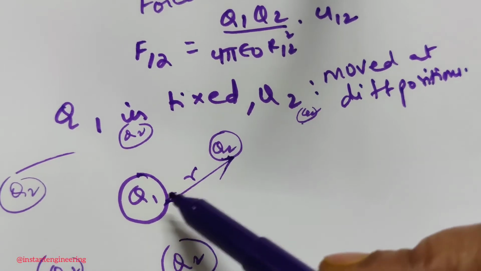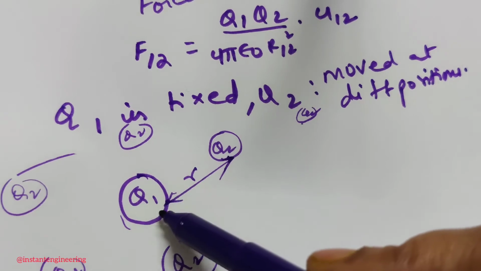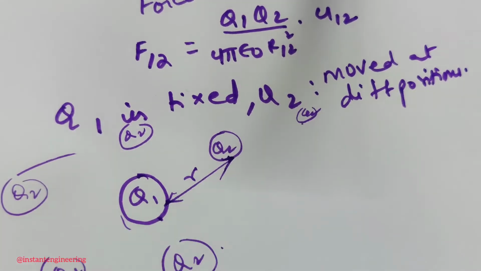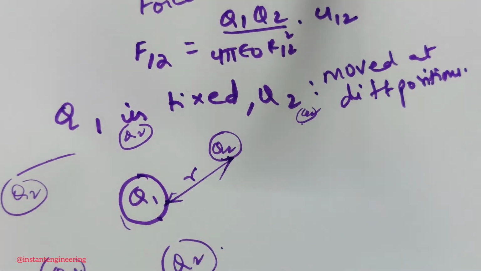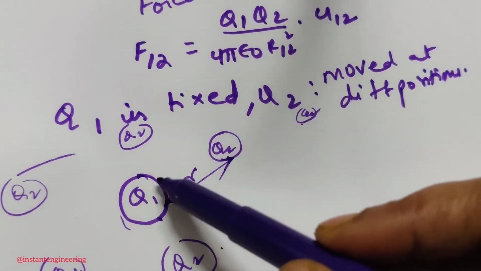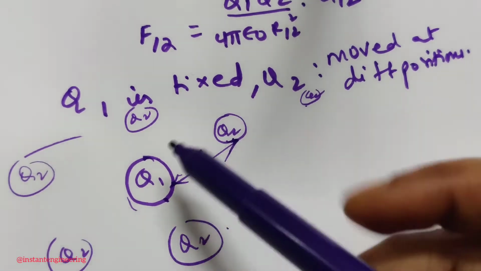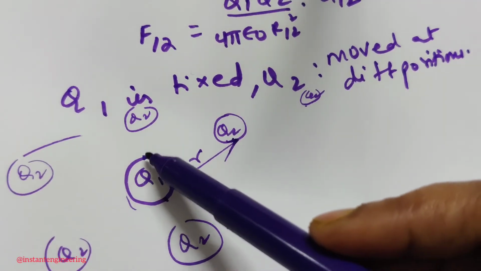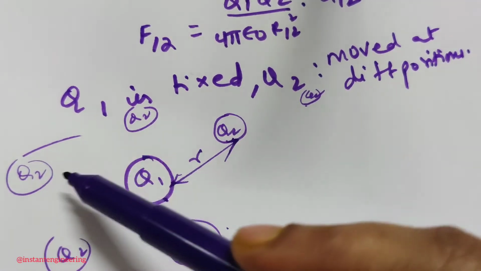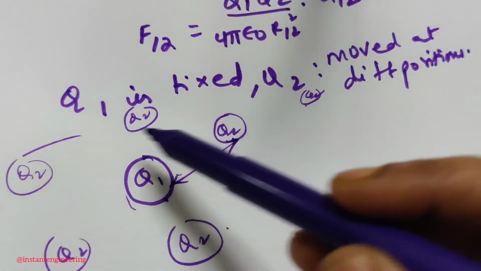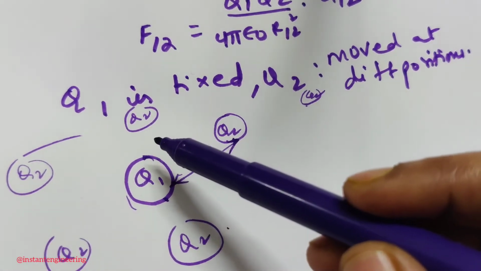So the field around Q1 in which that force of attraction is present, and its intensity, is called electric field intensity. Around this area, which is called the field, is where the force can be attracted. That whole area is the field, and the intensity with which the force of attraction is present between those two charges is called electric field intensity.